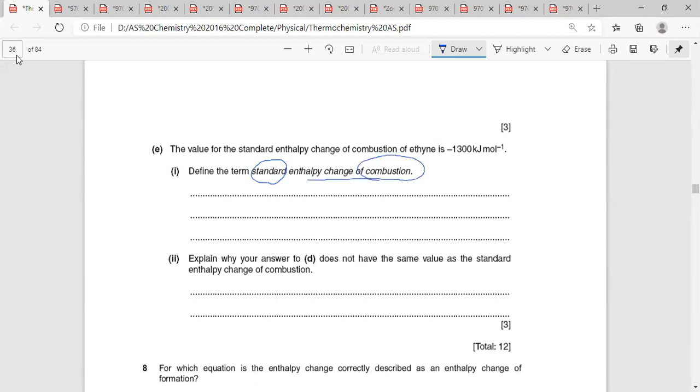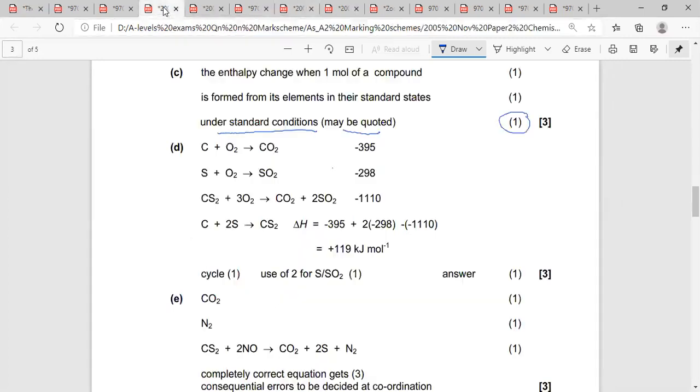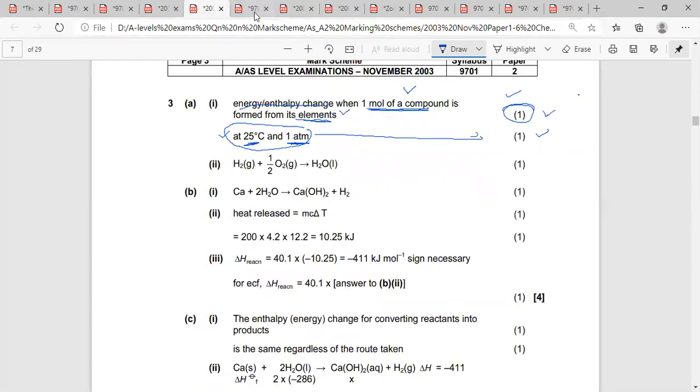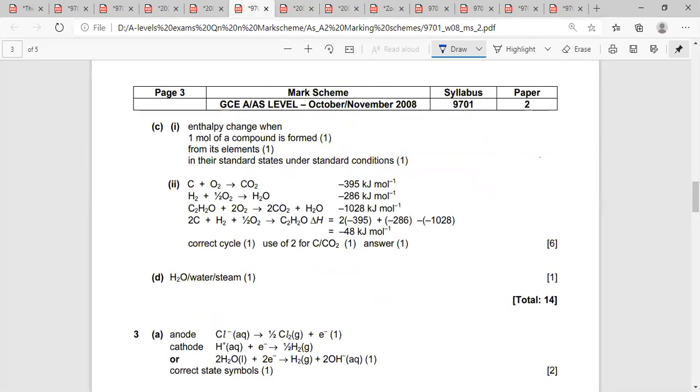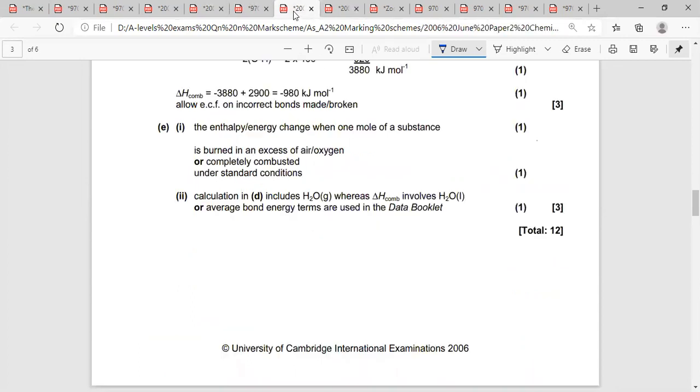Okay, right, now here is the Cambridge one. The enthalpy change, heat change when 1 mole of the substance, which means here is the reagent, is burned in excess or completely combusted.